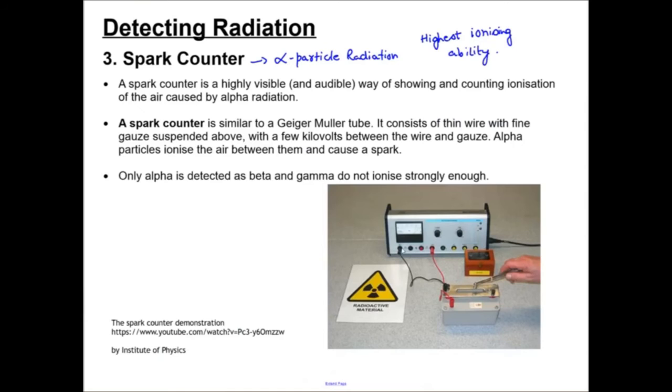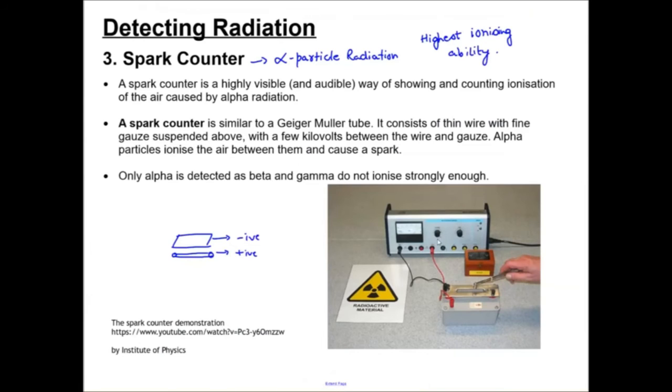Usually it's connected to the negative terminal of the high voltage source. And then, although it's not visible, you have a mesh over there, and just below it you have a copper wire. So this mesh is connected to the negative terminal, and the copper wire, the conducting wire, is connected to the positive terminal of the high voltage source.